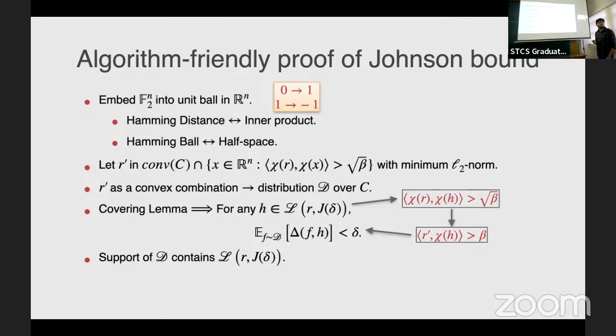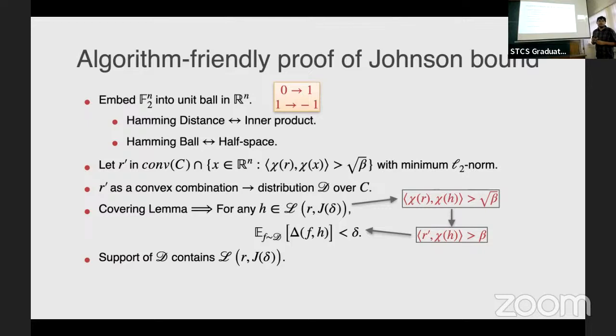The support contains the list. If D did not have H in its support, then the distance to each of the support elements would be at least delta.